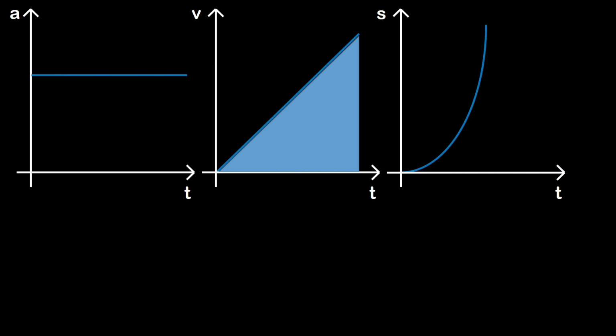If we move on to the next one in the center, it tells the speed increase over time. And as we saw in the previous example, as time passed, speed increased constantly, slowly but surely, getting greater and greater. And the third graph tells us the distance our car covered over a period of time.